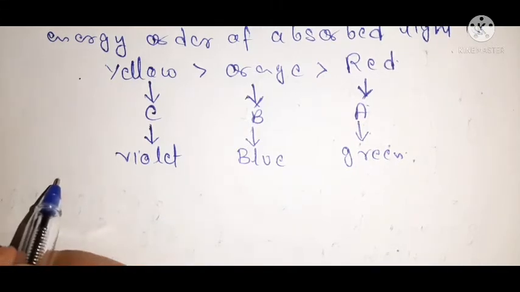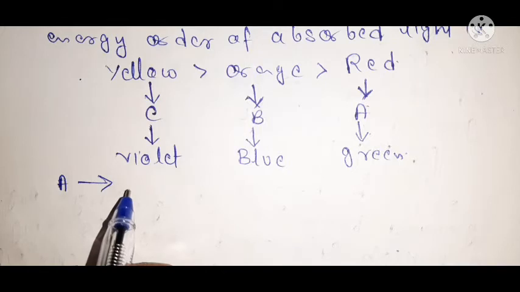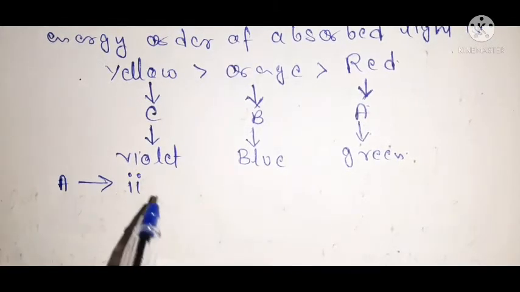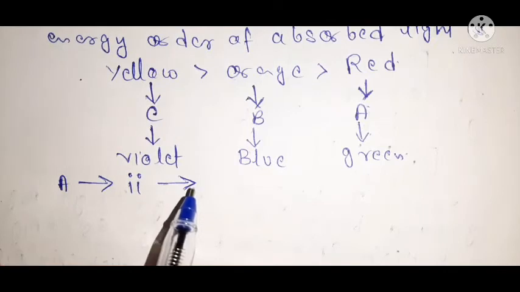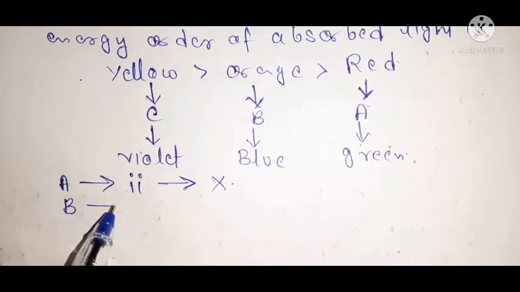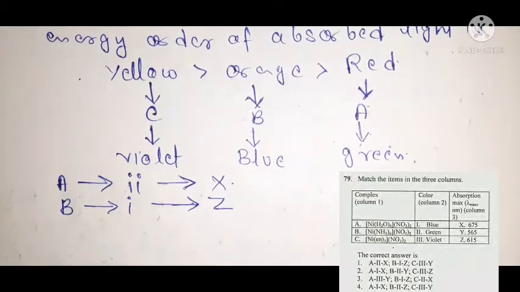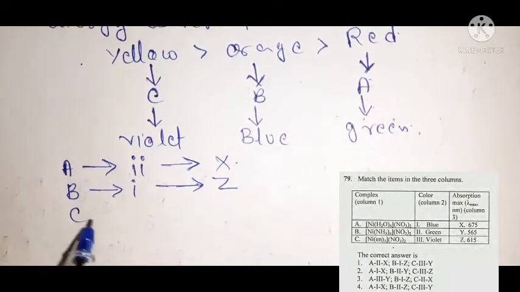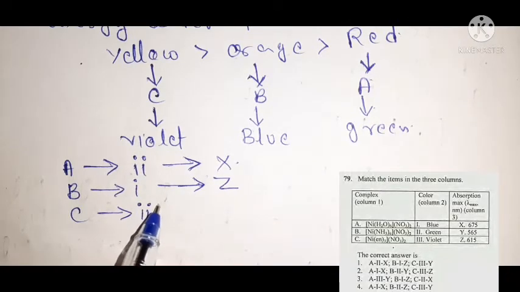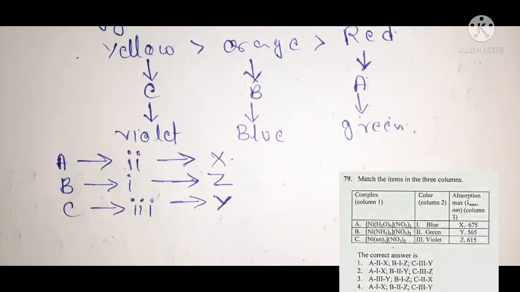That means your A is related to your second, which is green, and this is also related to a lambda max, that is X. Similarly, B is related to your first, that is blue, and value of lambda max is Z, and C is related to third, which is related to Y. So we can match all of these three columns.